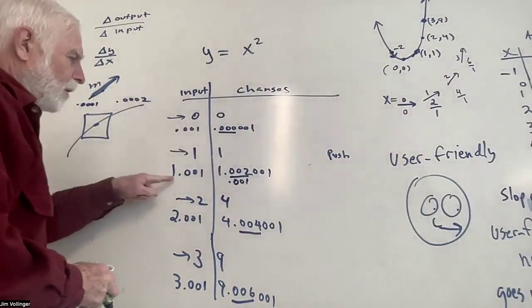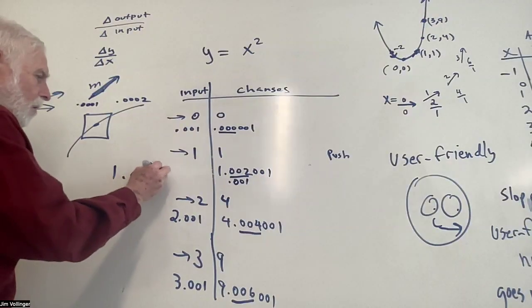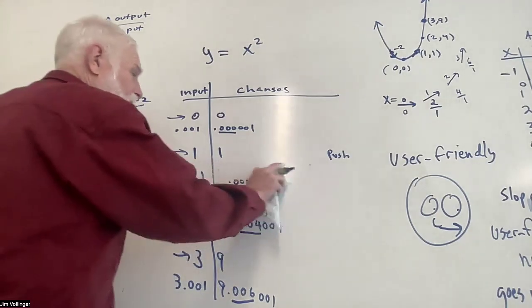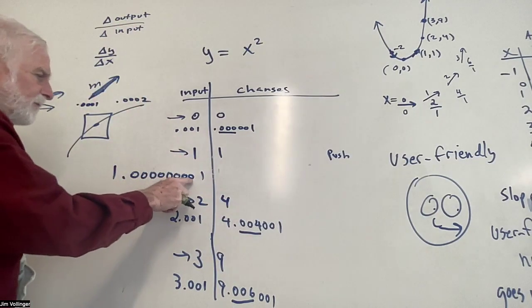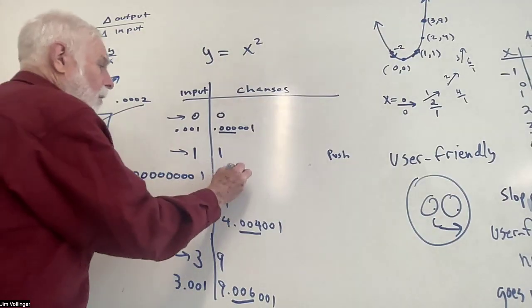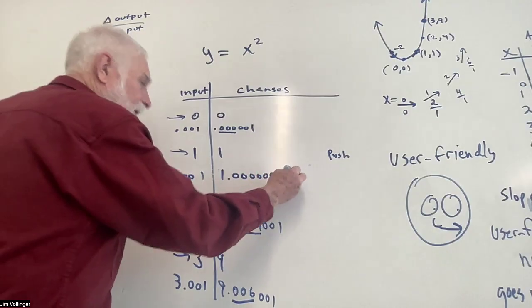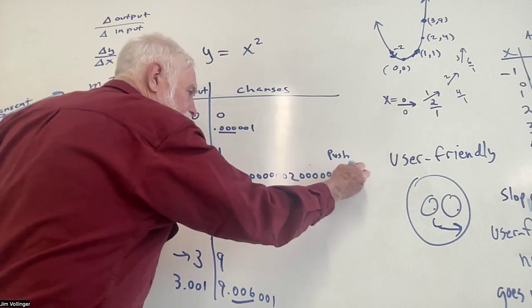So let's say that I have 1.001, but it changes to 1.000000001. Okay, what's that product going to be when I square it? 1, 2, 3, 4, 5, 6, 7, 8, 9.